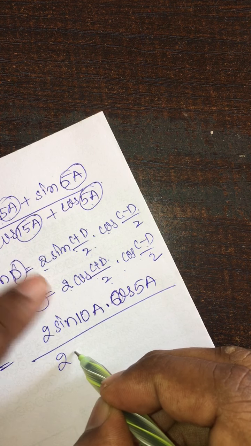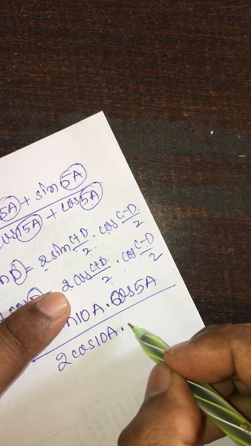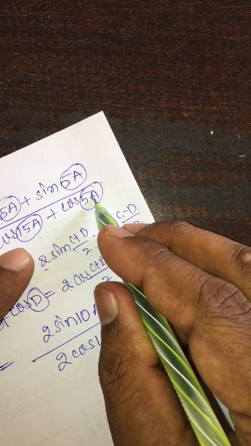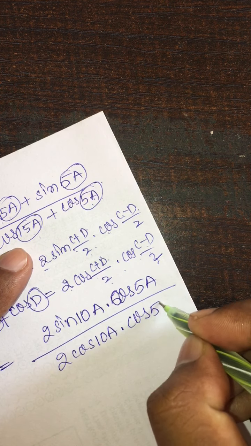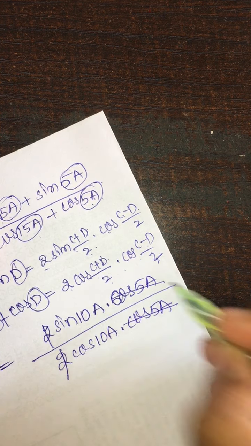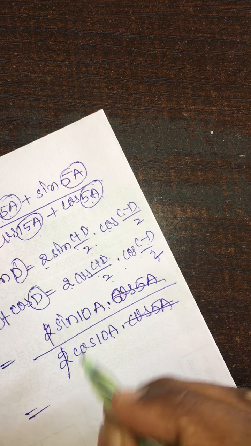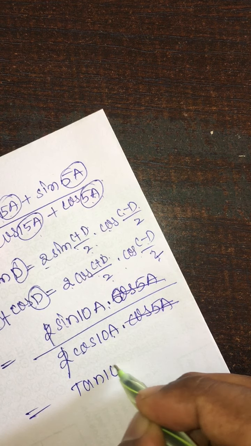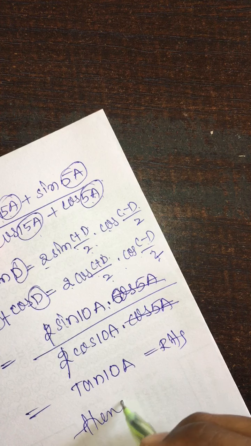So that means 2 cos 10a into cos (15a minus 5a), 10a by 2 is 5a. Okay, so cancel cos 5a. So sin 10a by cos 10a, sin theta by cos theta, that is nothing but tan theta. So this is equal to RHS, hence proved.